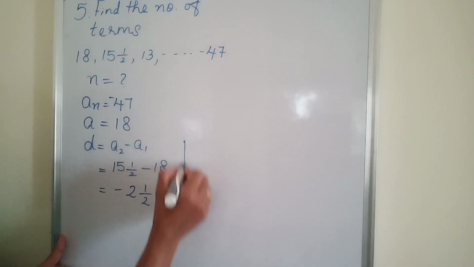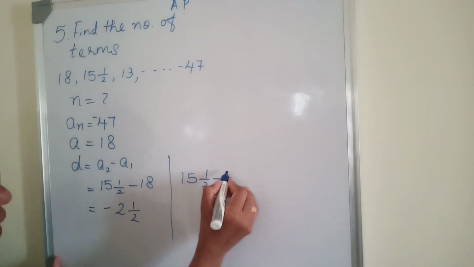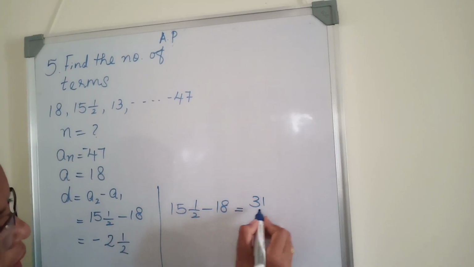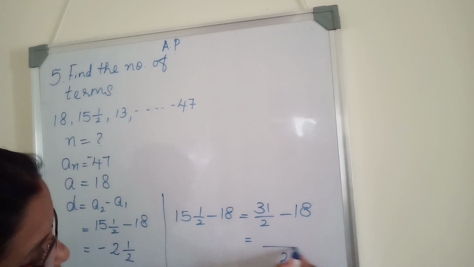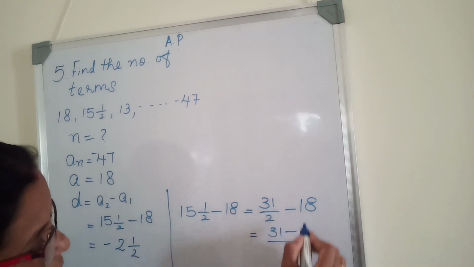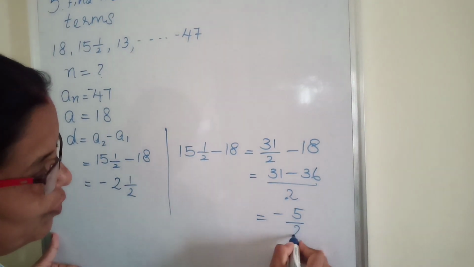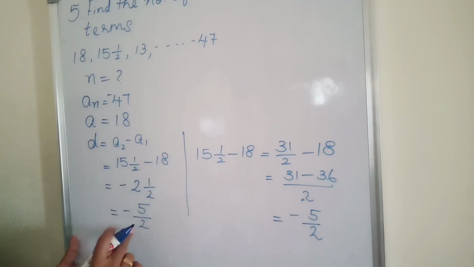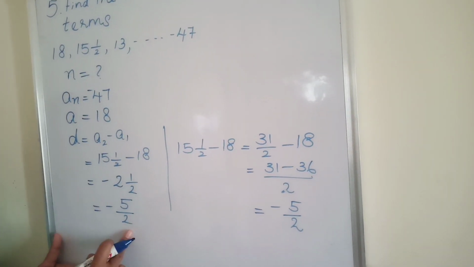If you do the LCM, 15 and a half minus 18 equals 31 by 2 minus 18. 2 is the LCM. 31 minus 36. That is minus 5 by 2. This is also minus 5 by 2. So directly we can write, or by taking LCM, D is equal to minus 5 by 2.